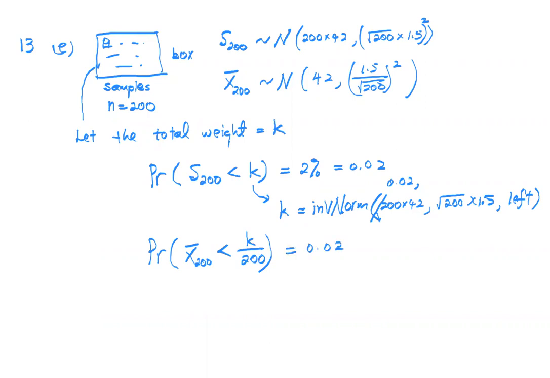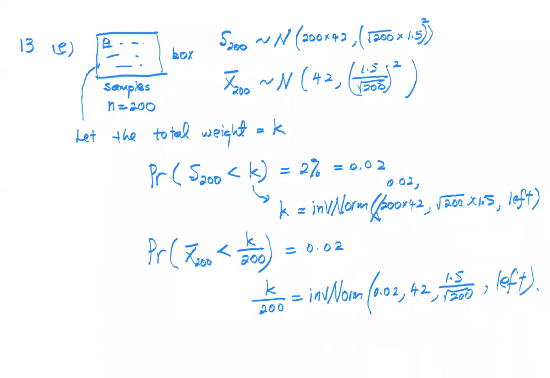So my K over 200 will be equal to inverse norm, same thing, but different mean and different standard deviation. Are you clear? Is that okay?